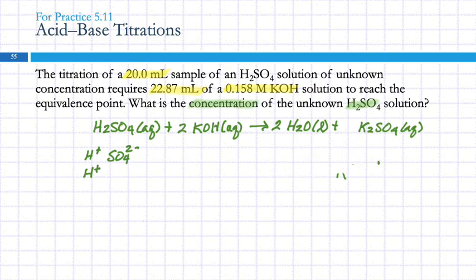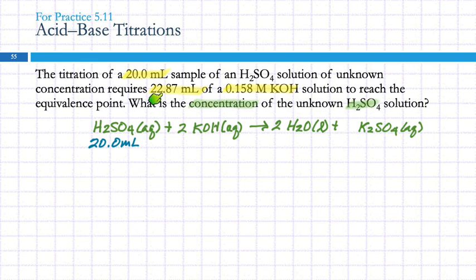Okay, so good news. Most stoichiometry problems, they're going to give you the chemical equation. So it would just look like this. So we're going to use the equation to organize the numbers. 20 milliliters of H2SO4. So 20 milliliters of that.